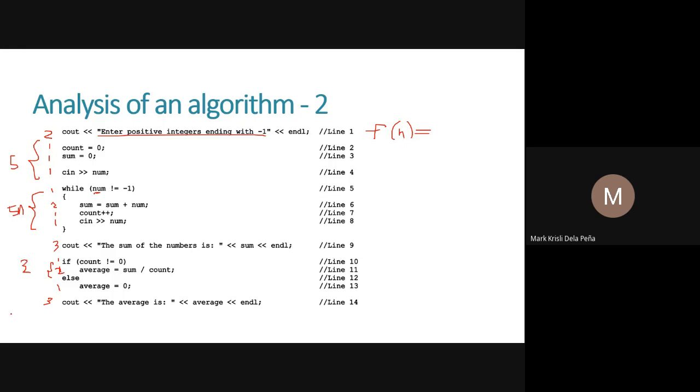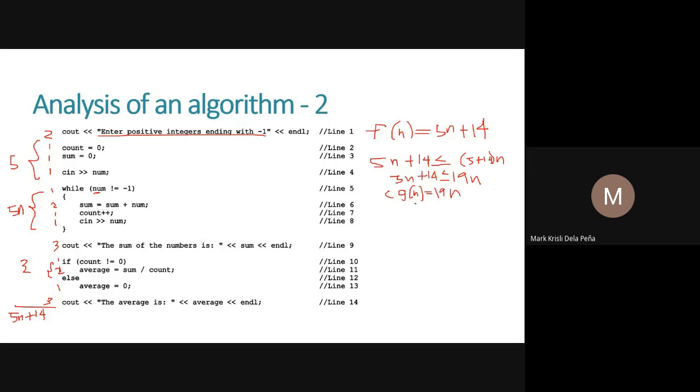So we'll have 5n plus 14. Okay, this is now our 5n plus 14. So in order for us to get our c, that should be 5 plus 14n, and that's 19n. So our cg of n is equal to 19n.